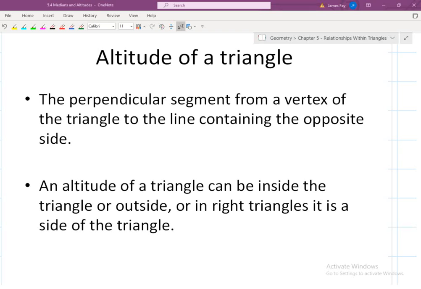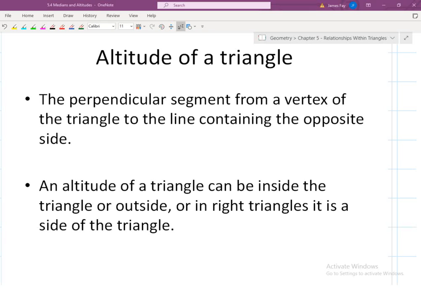So this is going to be talking about an altitude of a triangle, but it is described the same way, defined the same way, for other shapes as well. So the altitude of a triangle is the perpendicular segment from a vertex of the triangle to the line containing the opposite side.